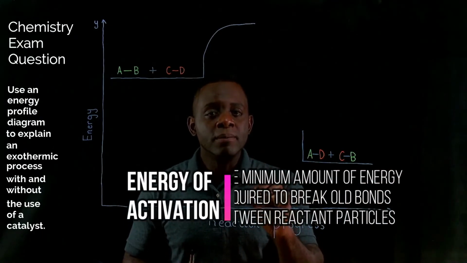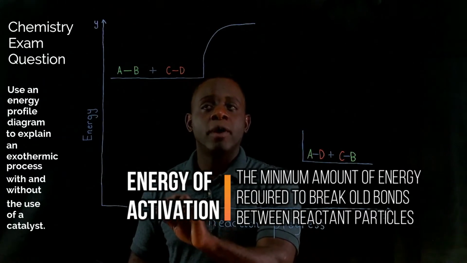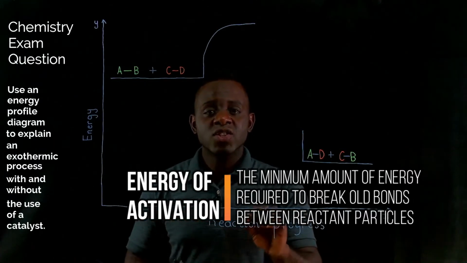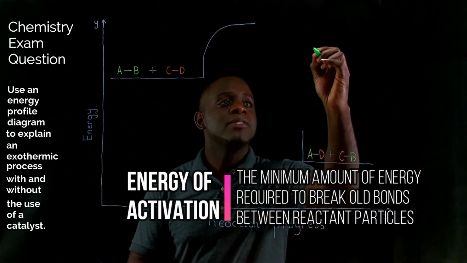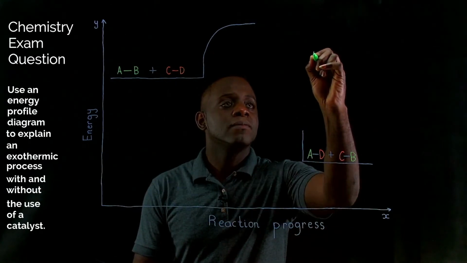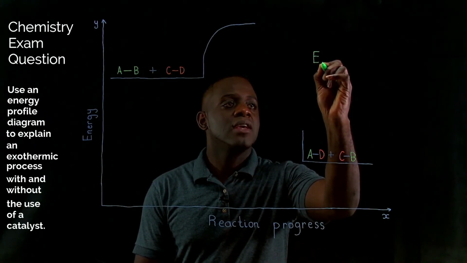The minimum amount of energy required by reactants for bonds to be broken is called the activation energy, and it can be represented by the letter E and a subscript A.